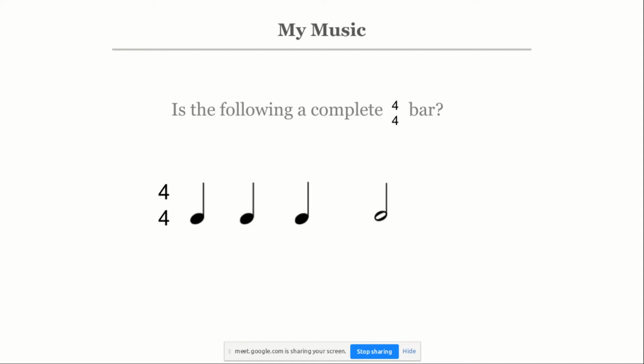There are 3 crotchets and 1 minim. But 4-4 means that there are 4. So it's not a complete bar. It is actually more than enough. We have 5 crotchets.